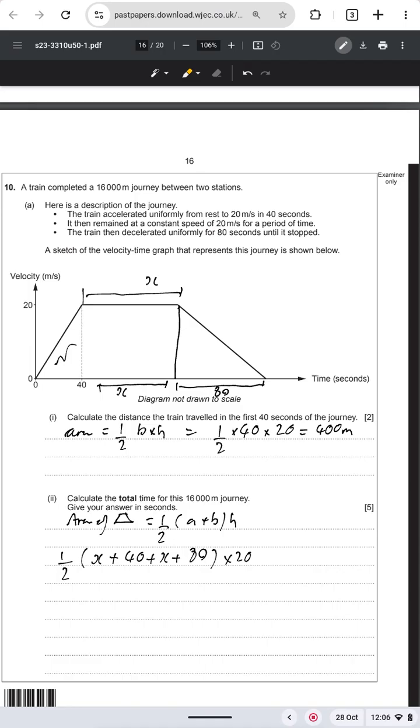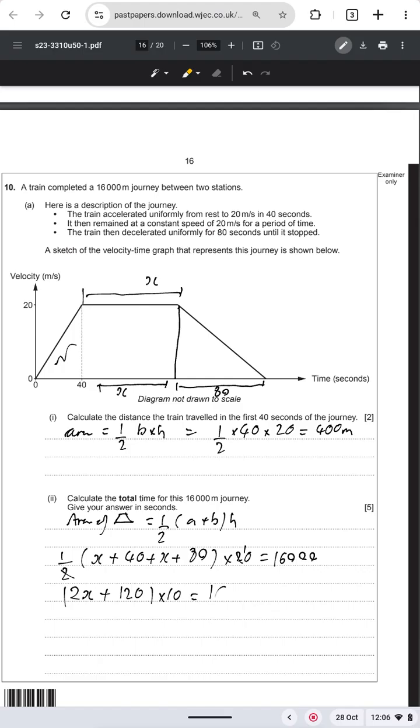So we can simplify this. This 2 is going to cancel with this 2 to give 10. Inside the bracket, we're going to have 2x plus 120, all times by 10, and this is all equal to the total distance, which is 16,000.